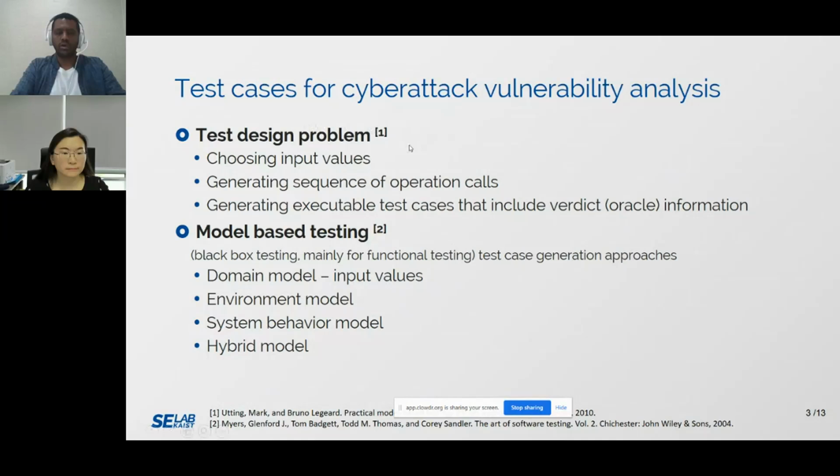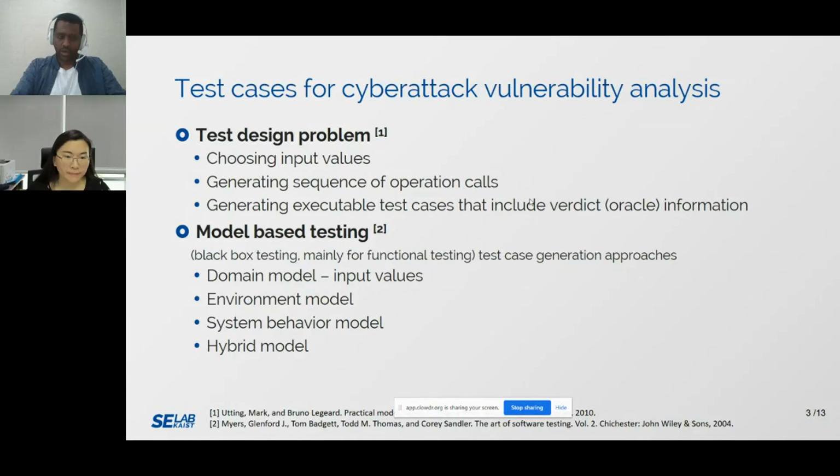But test design has different challenges, for example, choosing input values, generating sequences of operation calls, and generating executable test cases that include verdict information to verify whether the system behaves accordingly or not. On top of this, the case becomes more complex when we consider complex systems, such as systems of systems or the collaborations of different autonomous systems.